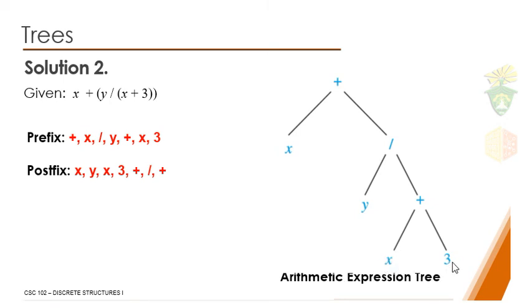So, si 3, and then plus, then kani, and then sa ito ang root. So, root sa prefix naguna, sa postfix na tumoy. Okay? And then the sequence of our operands, the same. XY, X3. XY, X3. So, ang operators lang ang nag-change places.